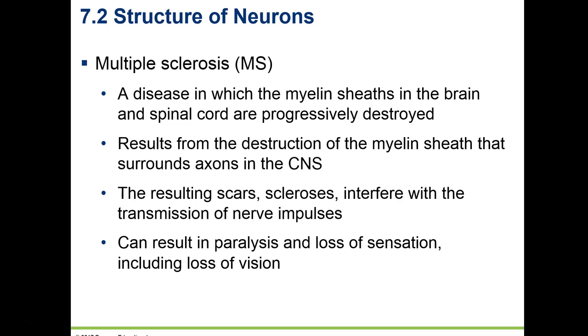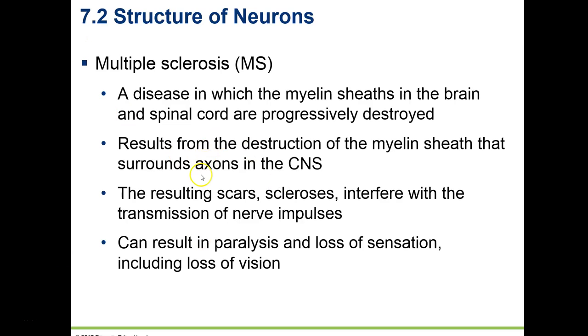Multiple sclerosis. Multiple sclerosis, you have heard, I think, the name of it. A disease in which the myelin sheath in the brain and spinal cord is progressively, means gradually, destroyed. So what happens? The myelin sheath first gets inflamed and then it starts breaking.